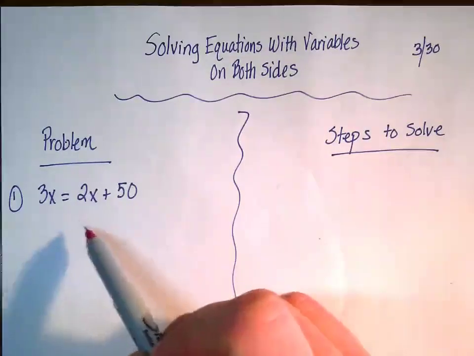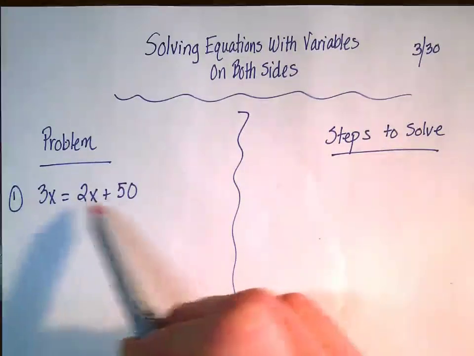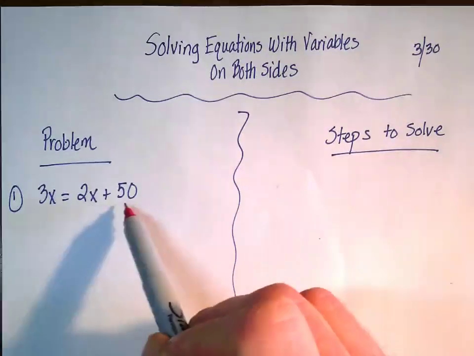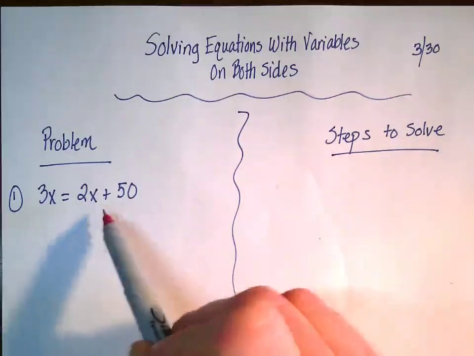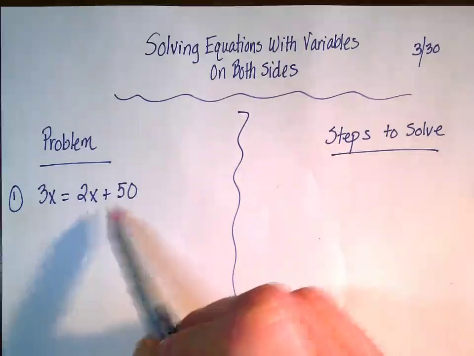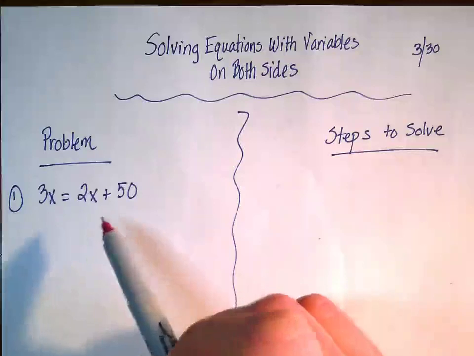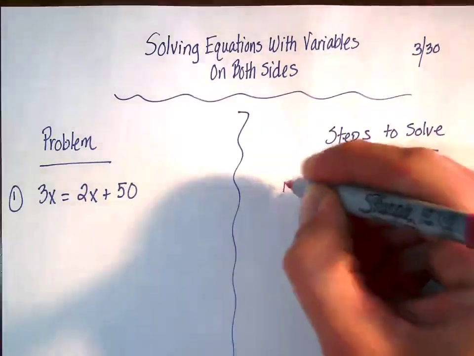So in this case, I don't have any terms on this side that I can combine, right? I can't combine 2x plus 50. Those are unlike terms, so I can't do anything with that. So I'm not going to be combining any like terms. That's usually the first thing you want to look for.